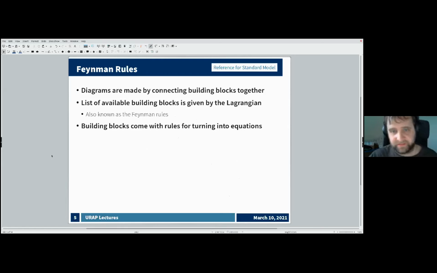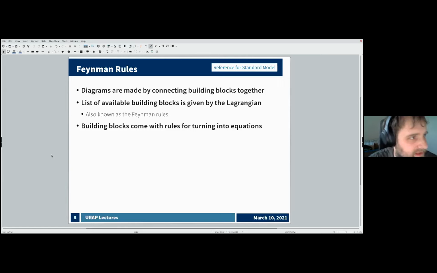Feynman rules. These are just rules for how you can draw those diagrams. Any diagram that you can draw by following these rules corresponds to an actual physics process that can happen. You can think of these Feynman rules as Lego building blocks that you can put together in any way that you think is possible.